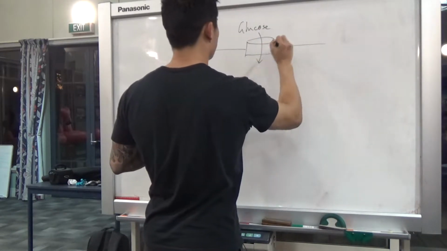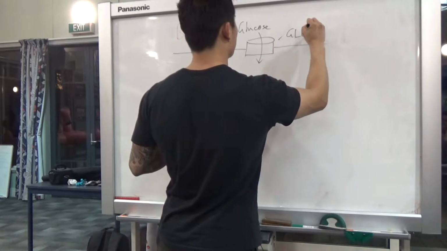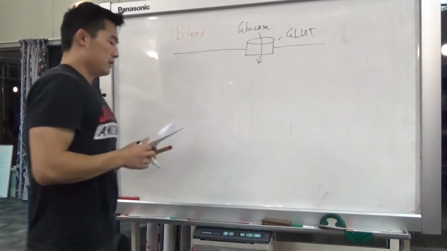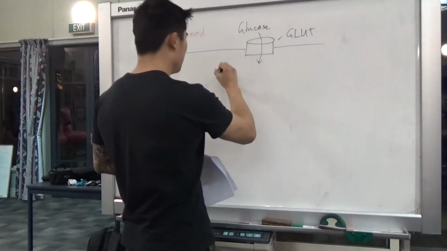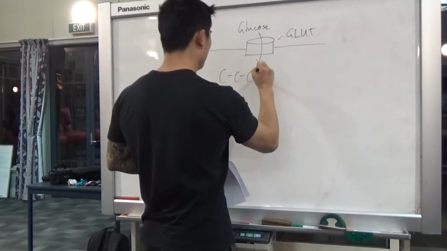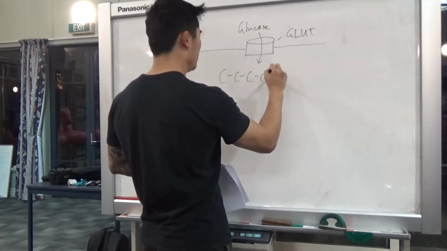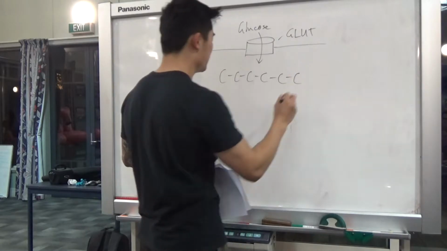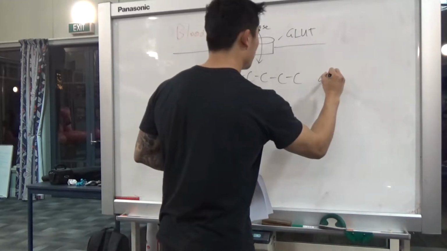And this is our GLUT transporter. Glucose is a 6-carbon molecule, 1, 2, 3, 4, 5, 6. So this is glucose.